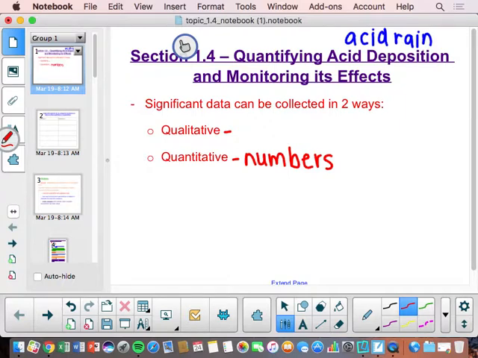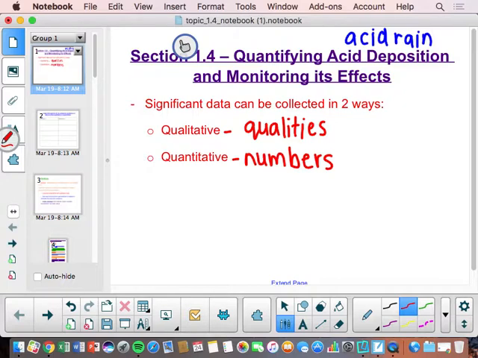So qualitative has to do with qualities. I can explain qualities about it, without numbers. So quantitative, I tell you the pH of the soil is 5.